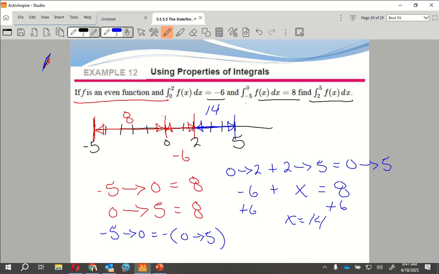So whatever this is, think of it like this: this one would be +8, the other side would have to come out to be -8, because when we add the two together, they equal 0. So that's the way that I would do it if it's an odd function.